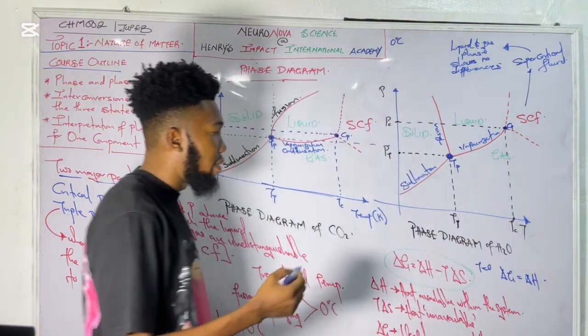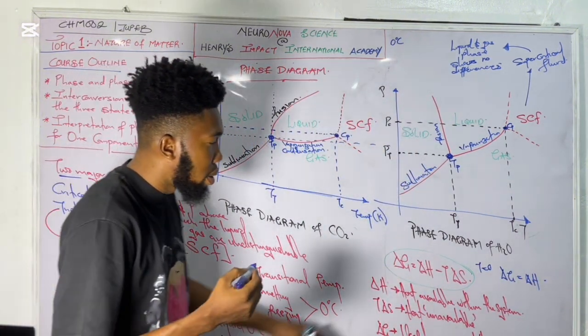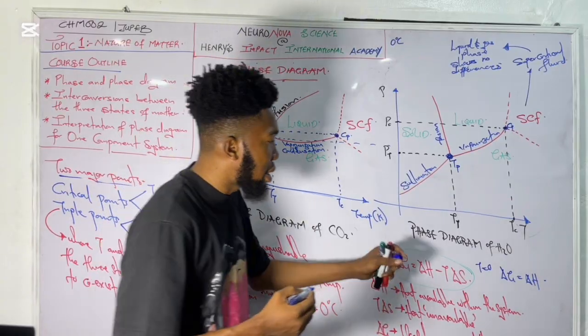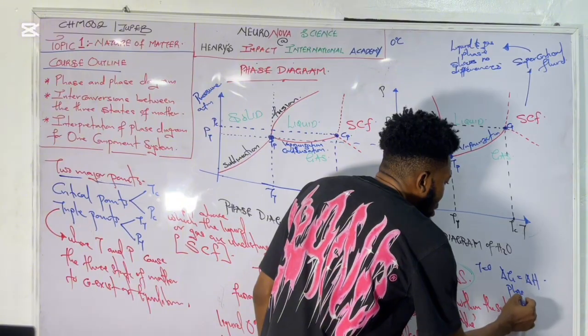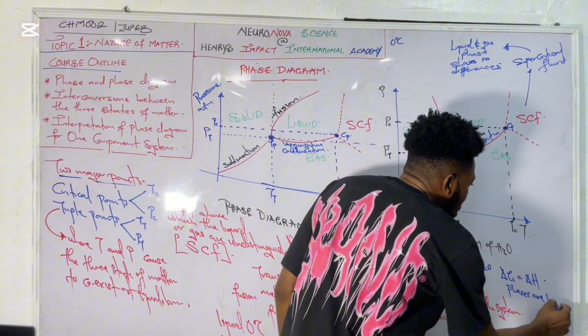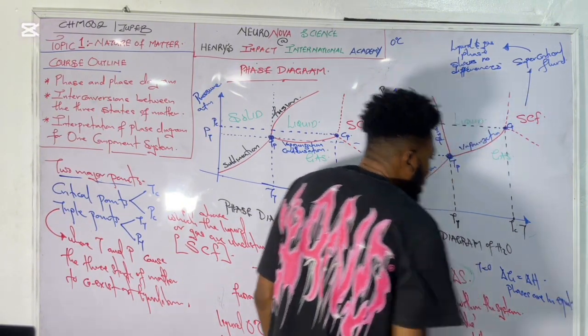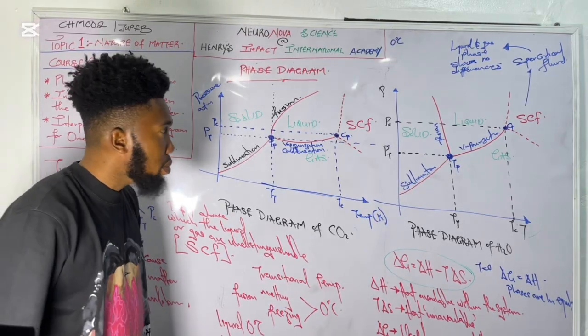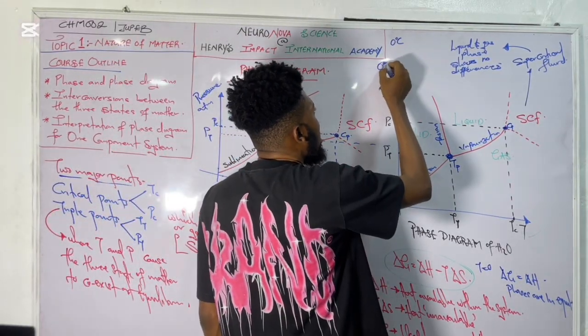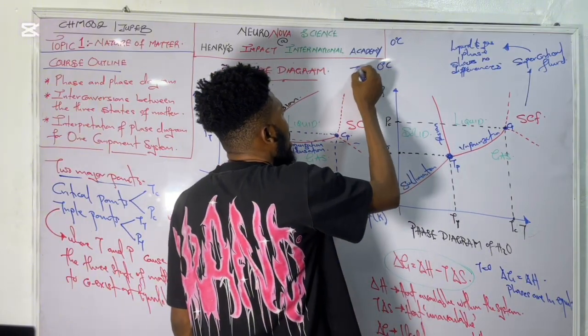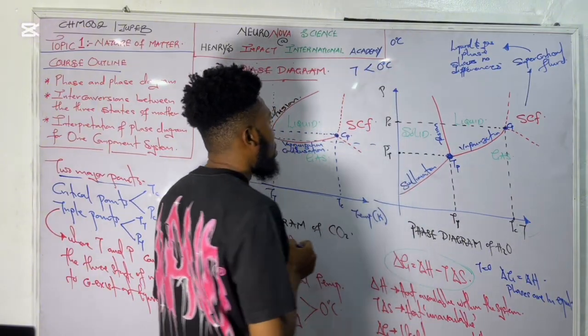All Gibbs free energy is available as useful energy. And in this case, you will say that the phases are in equilibrium. That's what you will note there. Now, how about when our temperature is less than 0 degrees Celsius?